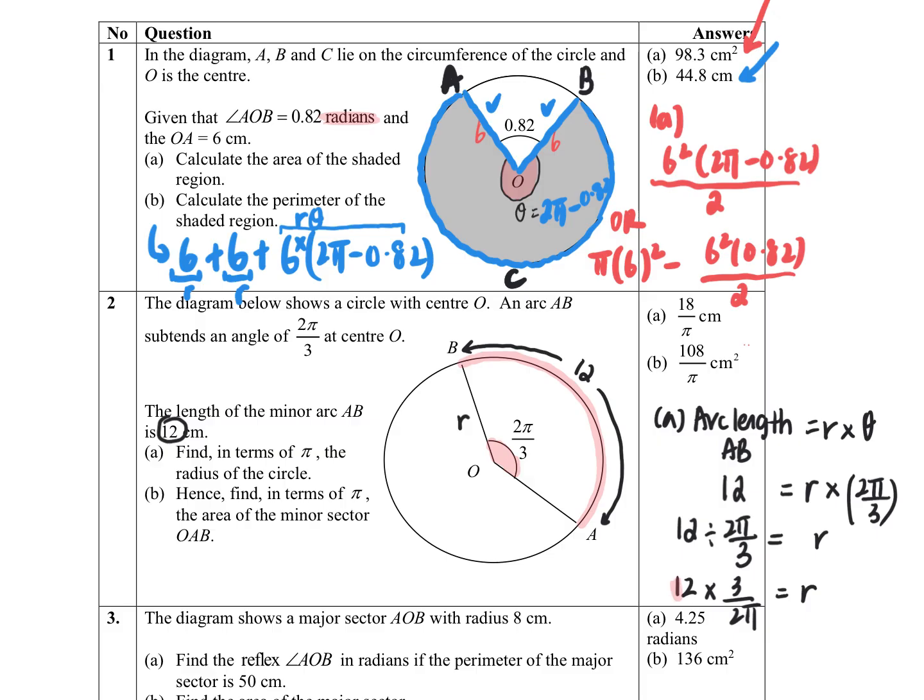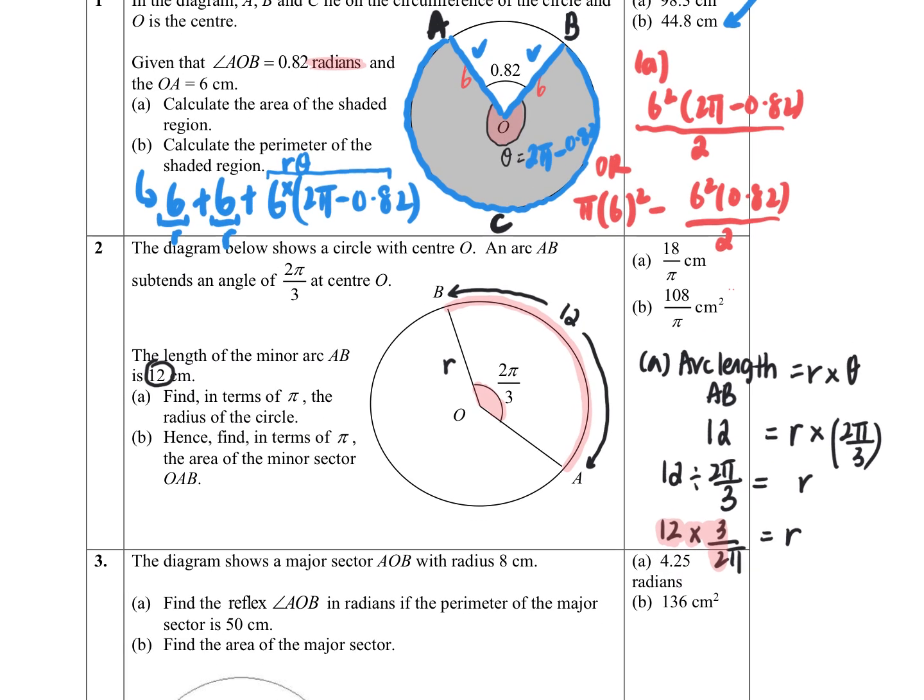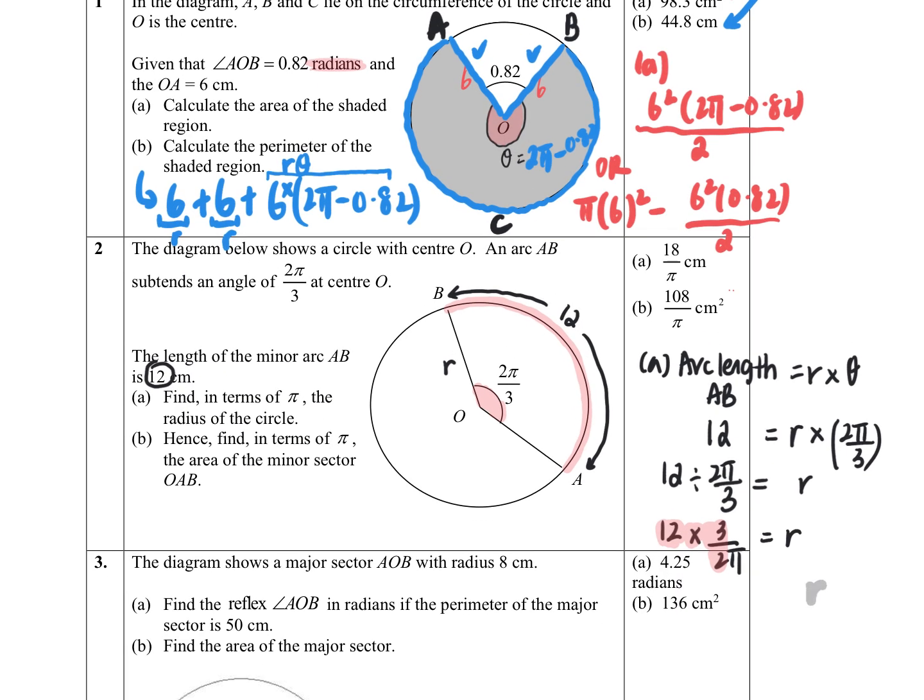You can press 12 times 3 over 2. So the calculator will give you 18, right? So your 18 will appear on top, and your pi is at the bottom of the fraction. So your answer is just 18 over pi.